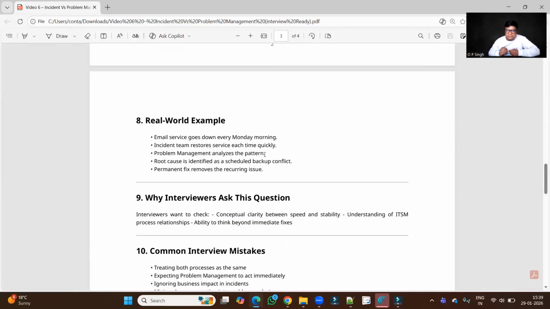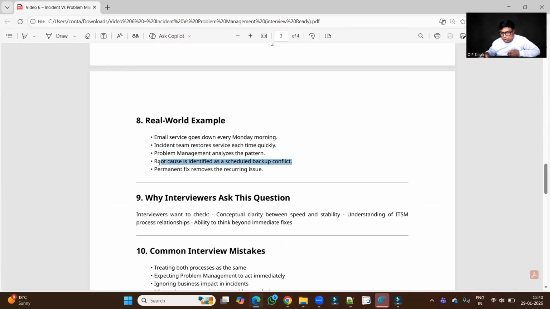Though the services come up immediately and temporary fixes are applied, we need a permanent solution so that we can take our focus elsewhere. Then the root cause is identified as a scheduled backup conflict.